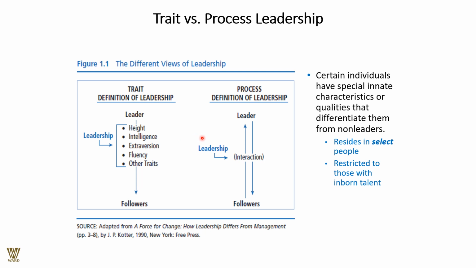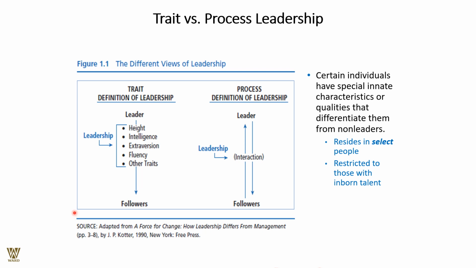But in process leadership, it is continuous communication and interaction, and everybody is able to understand how the other person or they themselves are benefiting from this kind of relationship. This particular diagram has been adapted from A Force for Change: How Leadership Differs from Management, written in 1990 by J.P. Kotter. So this was the book where it was published.